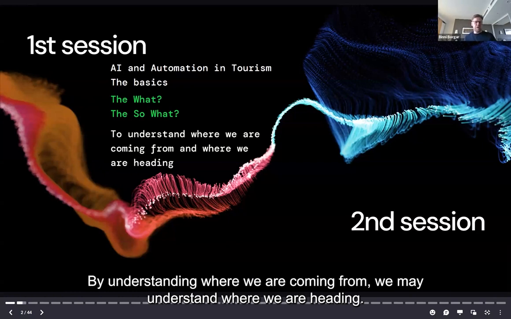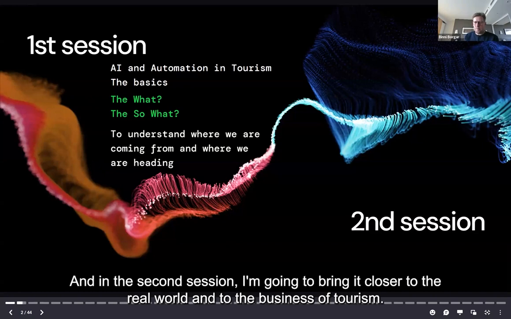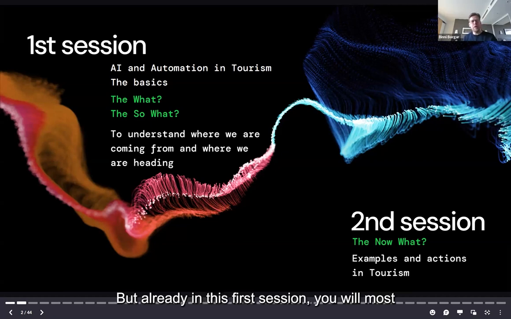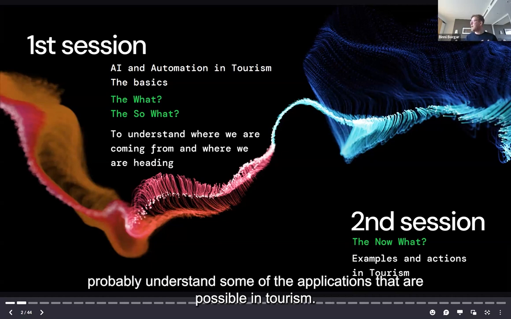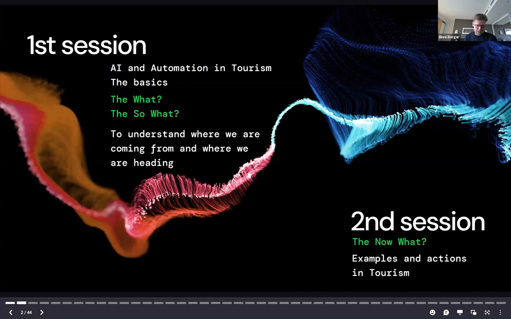By understanding where we are coming from, we may understand where we are heading. And in the second session, I'm going to bring it closer to the real world and to the business of tourism. But already in this first session, you will most probably understand some of the applications that are possible in tourism. So let's just get into it.